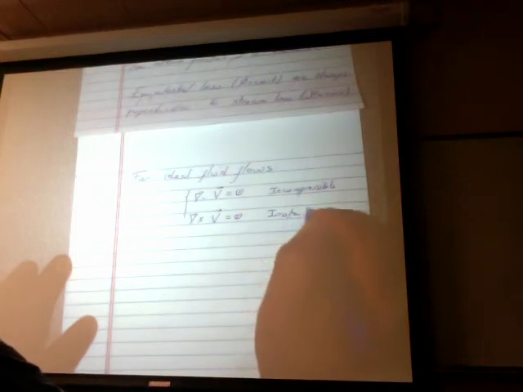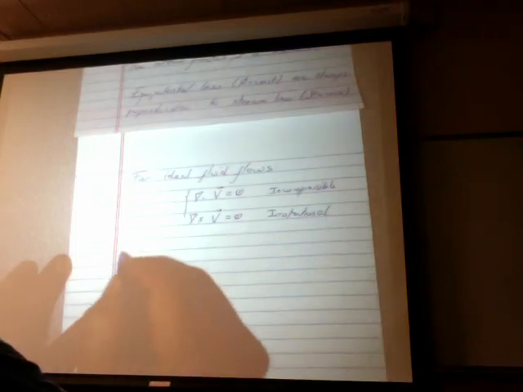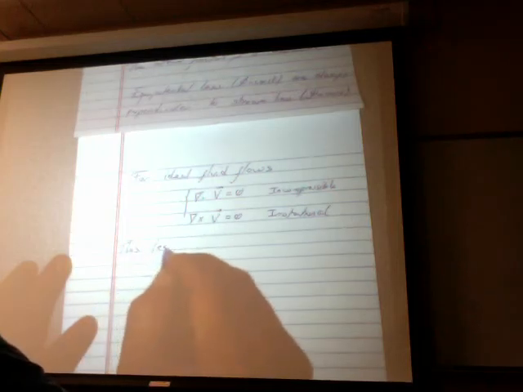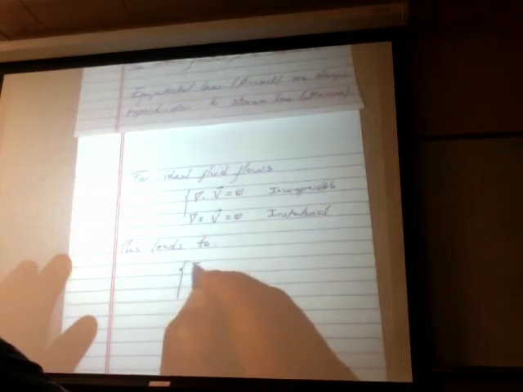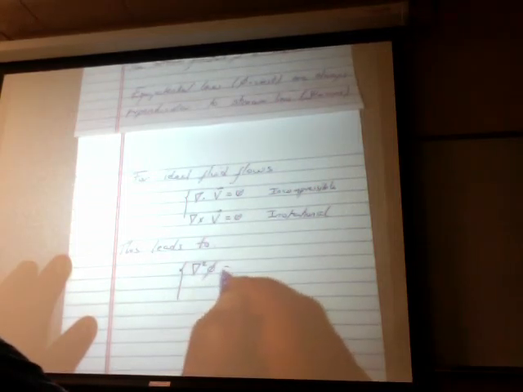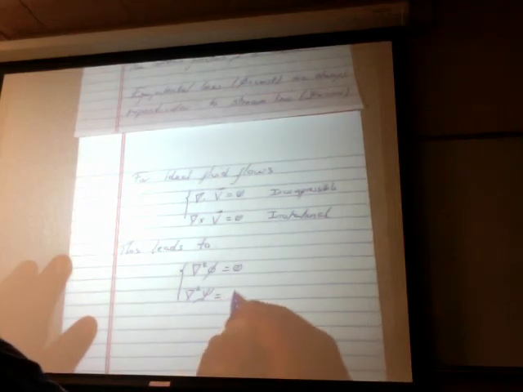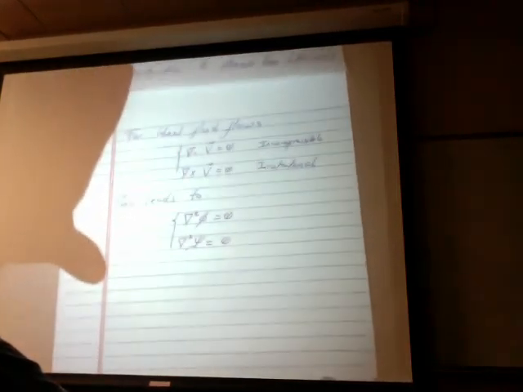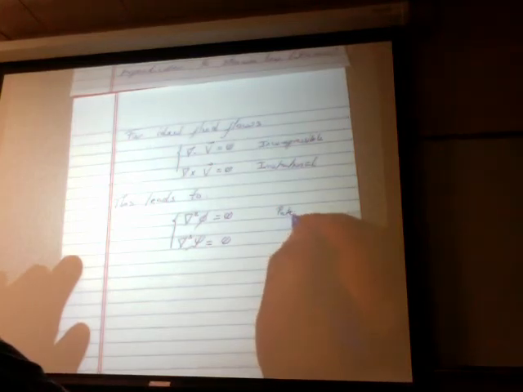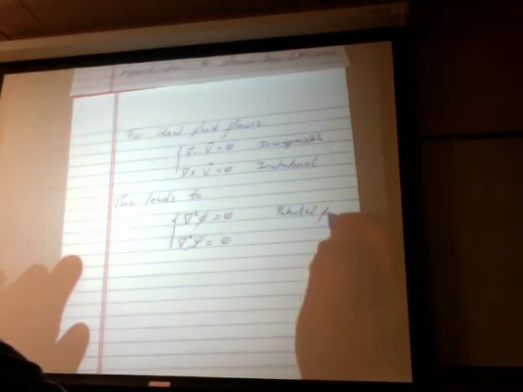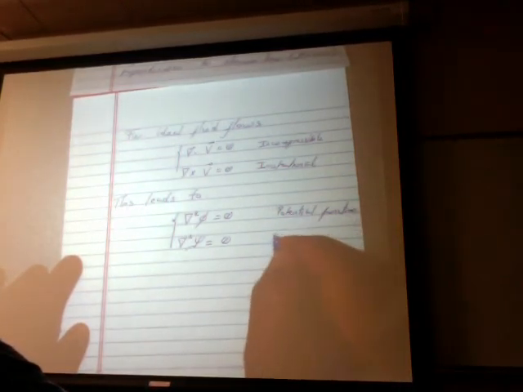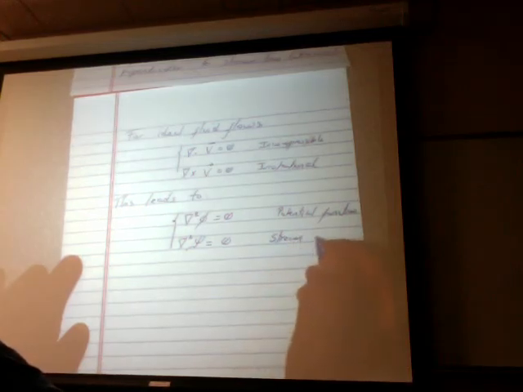This leads to the Laplacian of phi being equal to 0 and the Laplacian of psi being equal to 0. This is the potential function and this is the stream function.